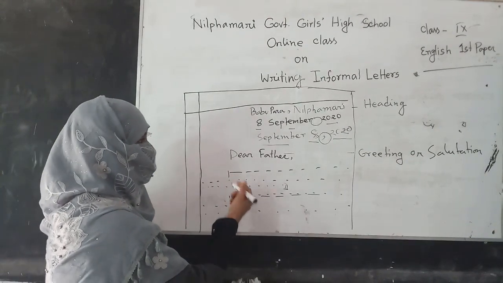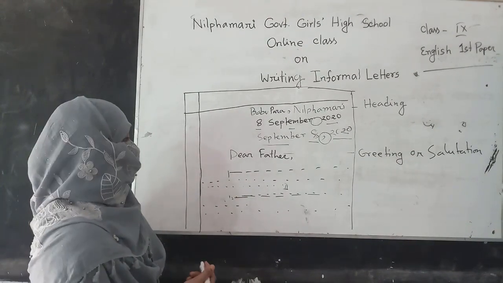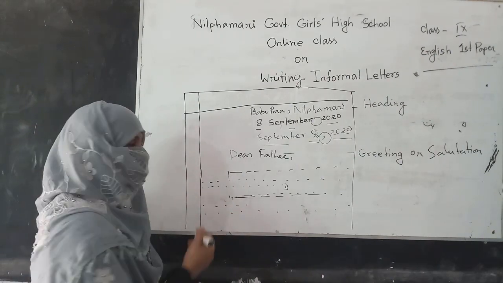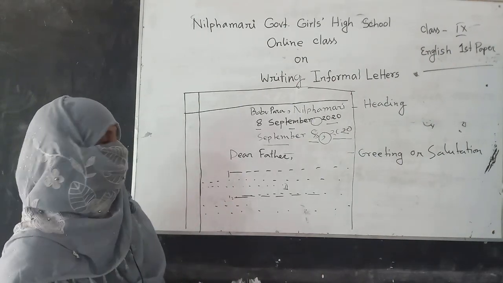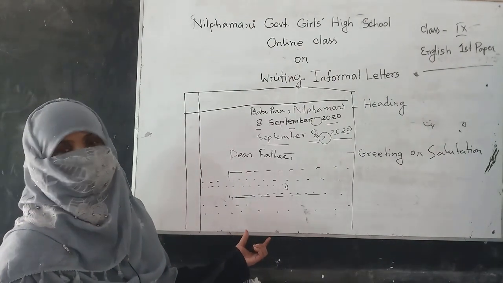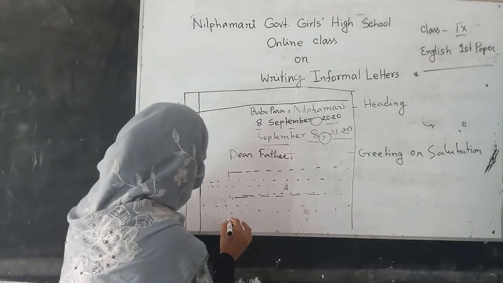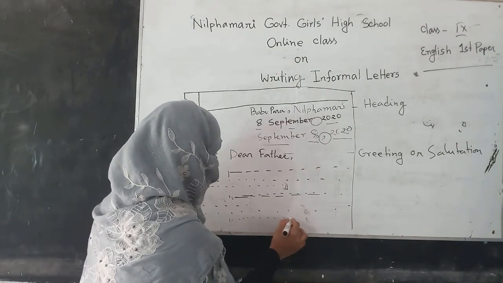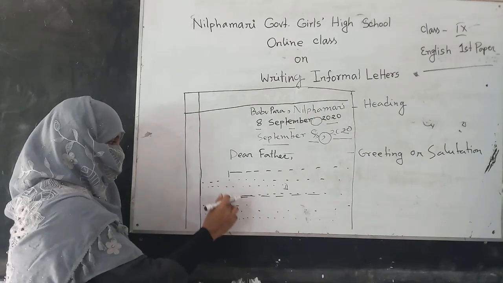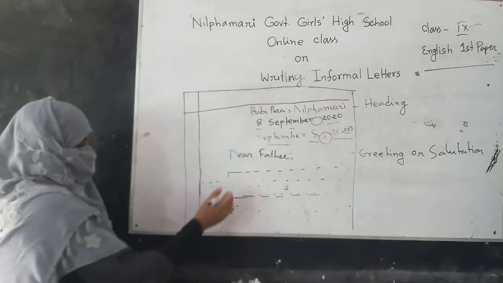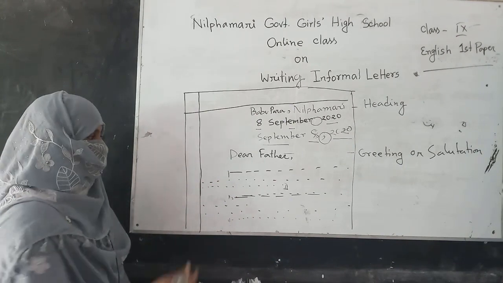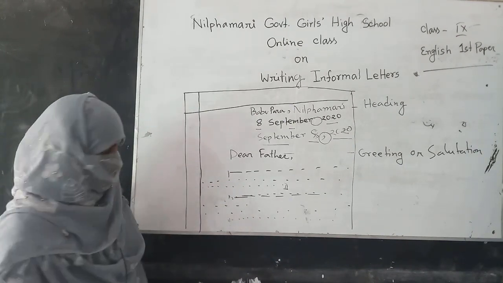First part, when you are telling your friend or your father about your condition. The second one is the main point or the discussion about the subject of the letter. And the third one is when you are writing no more today, greetings to all, like this. So there will be 3 paras in a body. You can write more than 3 paras in a body, but 3 paras is a must.